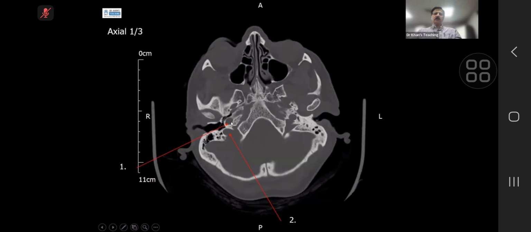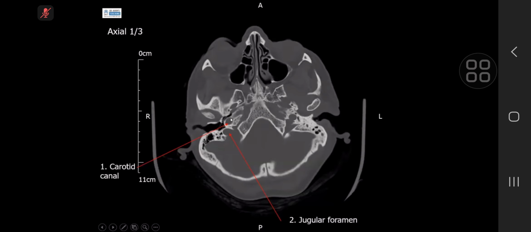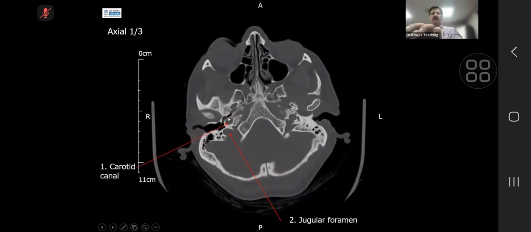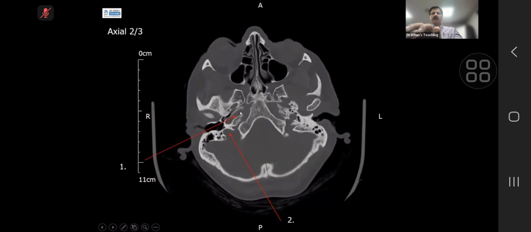That's anterior to the jugular, that's the carotid canal. Excellent, well done. Yes, it continues medially as well. So this is the carotid canal and this is the jugular foramen. And now, same thing here, next slice, you can see here, this was the vertical portion, and then it has turned into the horizontal portion, and the jugular foramen is still visible here.